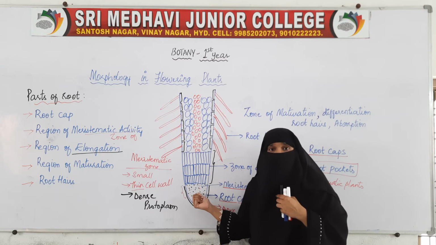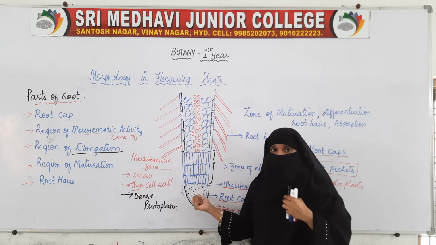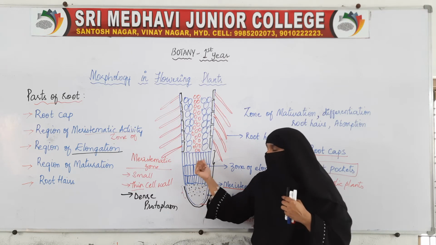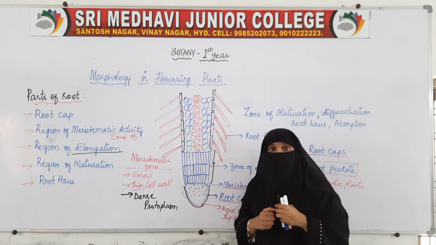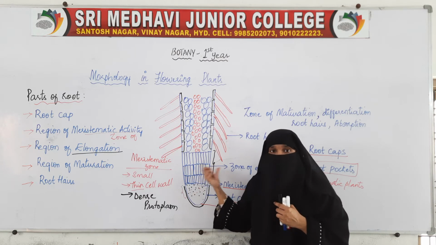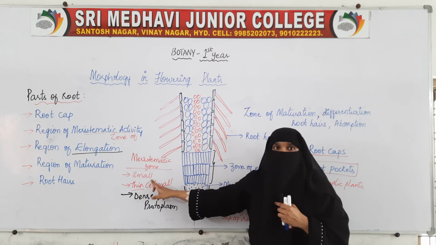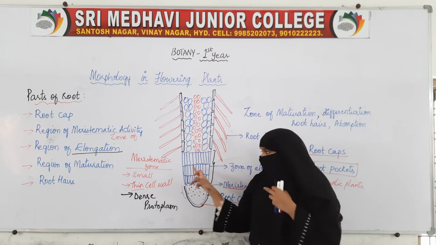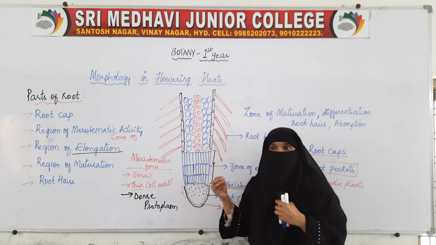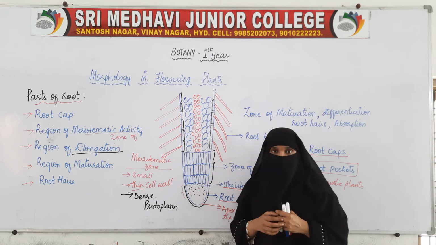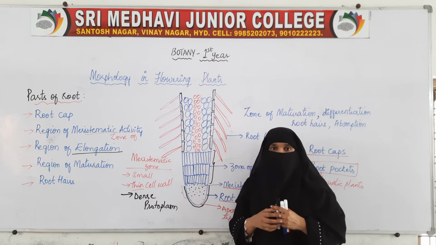The newly produced cells from the meristematic zone move into the zone of elongation. Here the cells will elongate. In the meristematic zone, the size of the cell was small, but here in the zone of elongation, the cells will grow in size.